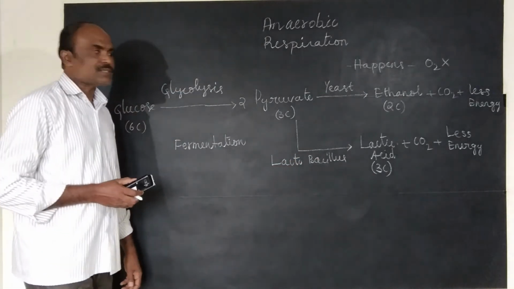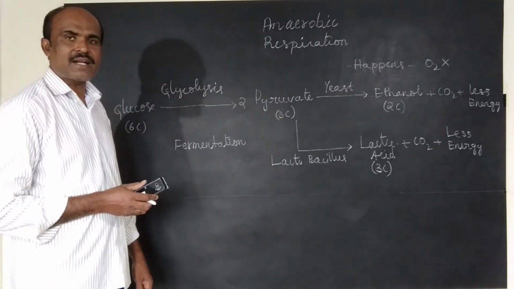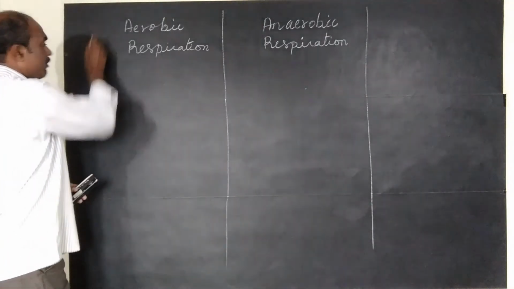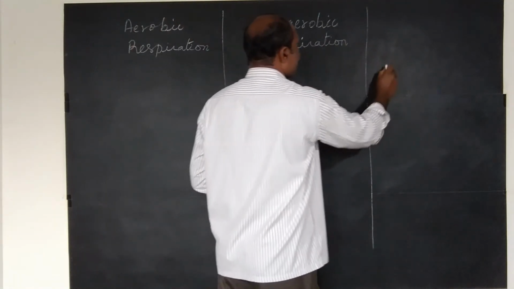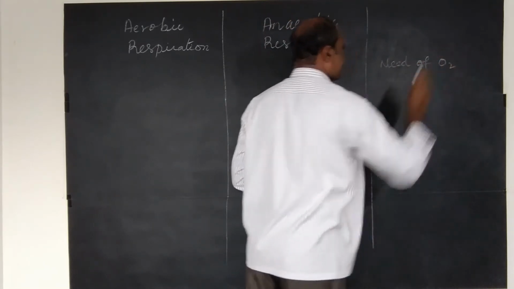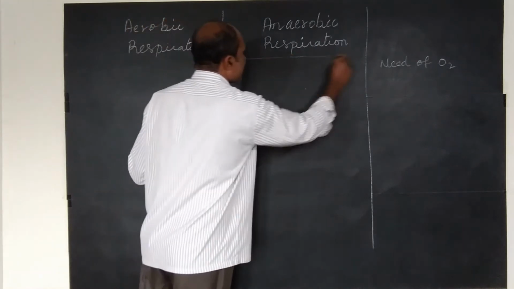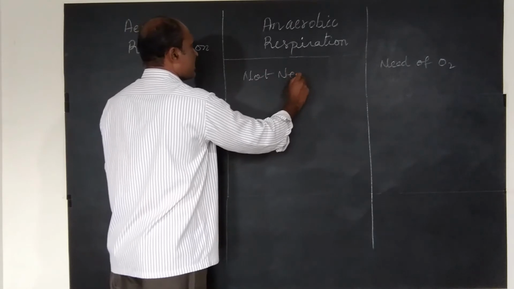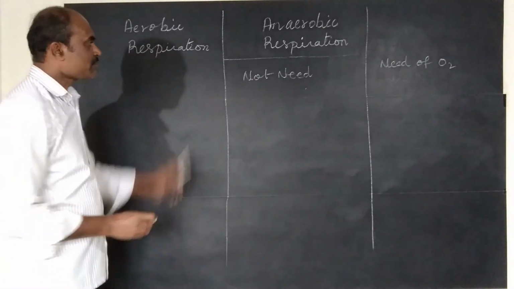Now, let us talk about the differences between aerobic respiration and anaerobic respiration. Very important essay question. Now, let us differentiate. See here, need of oxygen. In anaerobic respiration, oxygen is not needed. In the absence of oxygen, anaerobic respiration takes place.